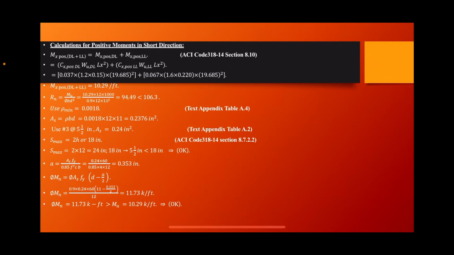We get 94.49, which is less than 106. So we use the rho minimum to find the required area of steel. We have it at 0.2376 square inches. So we use number 3 bar at 5.5 spacing. Then we check for the maximum spacing. It checks out.